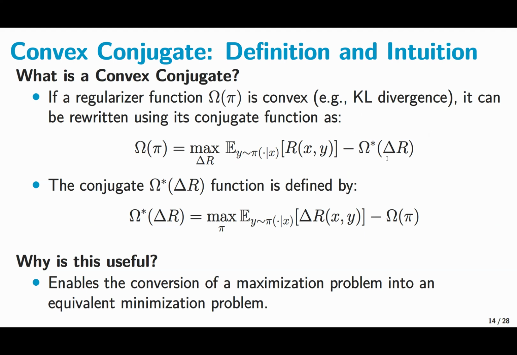The conjugate function is defined by this formulation, and can also be a maximization problem with the regularizer function. Why is this useful? We can convert our maximization problem into an equivalent minimization problem.